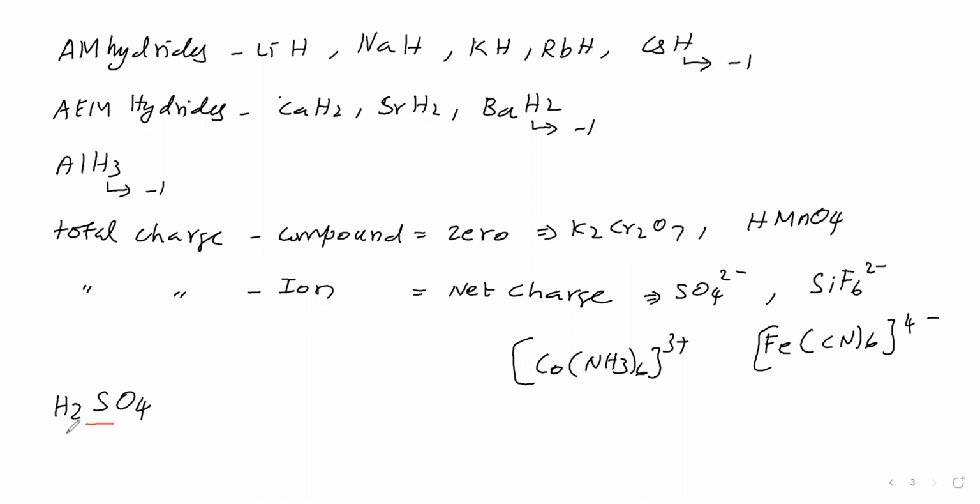Here, in this sulfuric acid, 2 hydrogen atoms are present, 1 sulfur atom is present, 4 oxygen atoms are present. Total charge how much? 0, because it is not an ion. Therefore, total charge is 0 for this. Now, how to find the sulfur oxidation number?